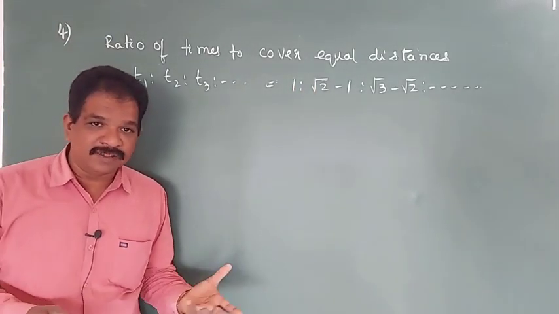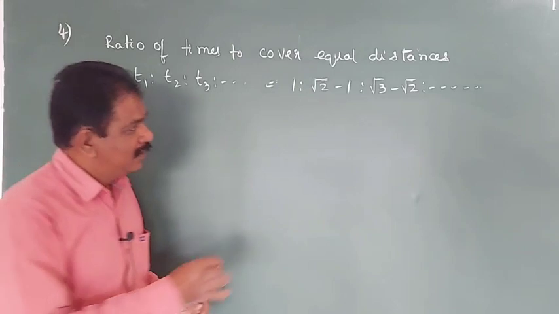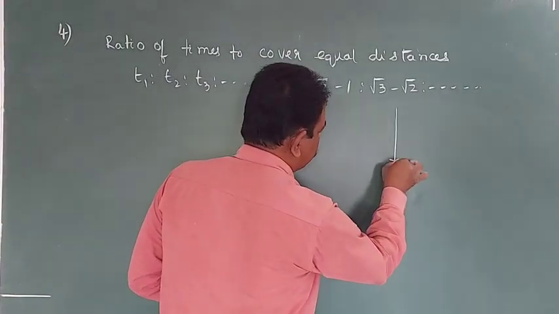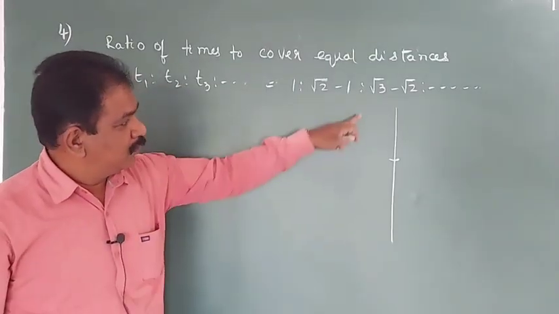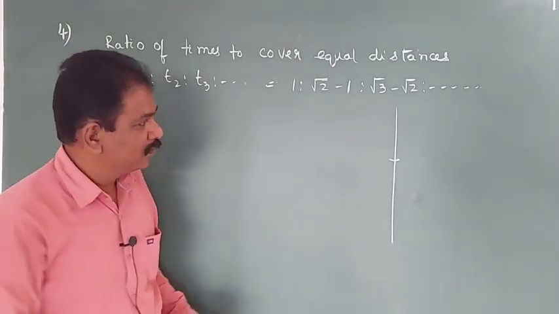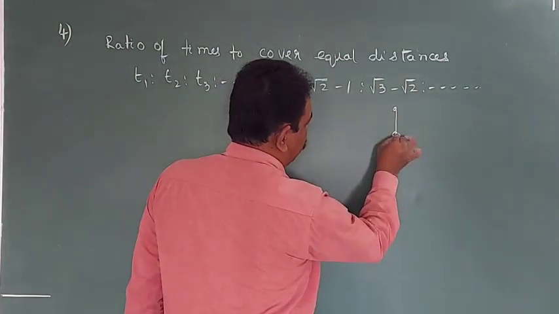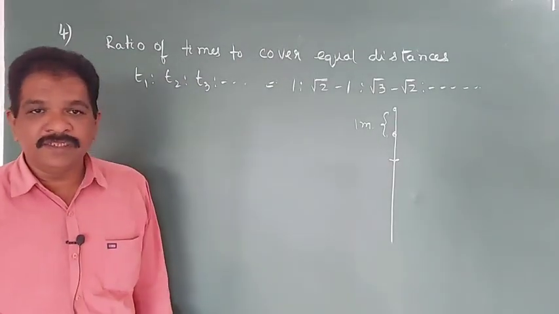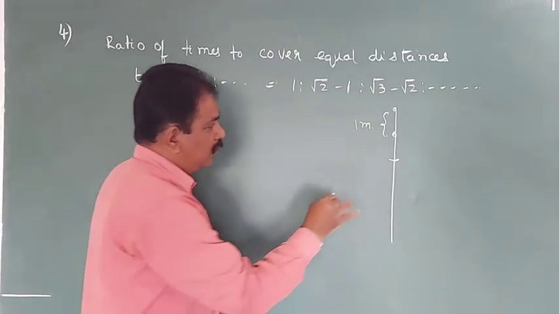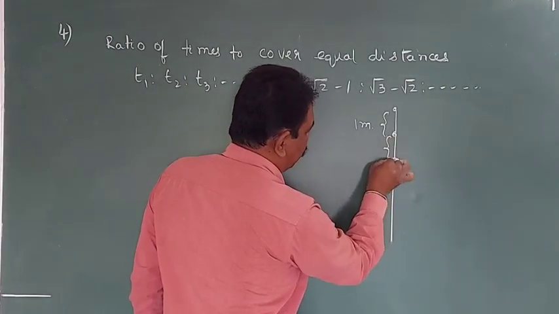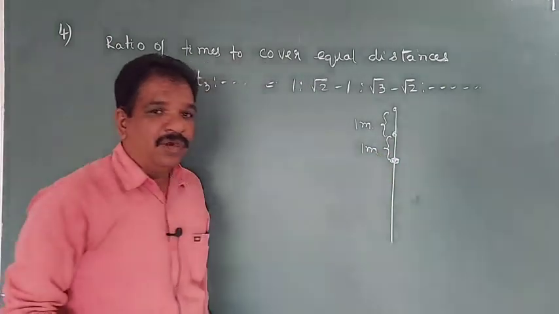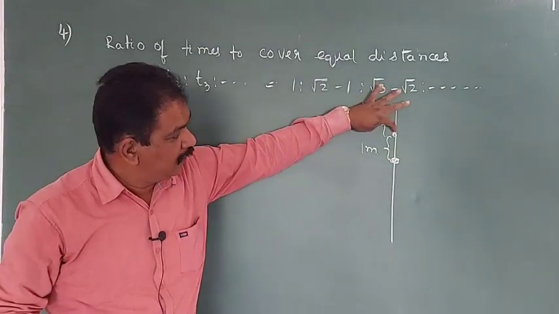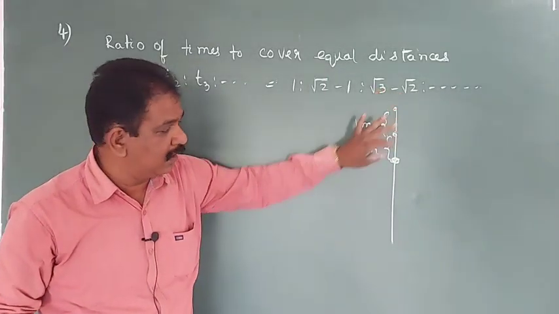What is the meaning of this one? See, this is a freely falling body, na? It is falling like this. For example, this is 5 meter. To cover the first 1 meter, some time is taken by the body. To cover the next 1 meter, definitely the body will take less time because here there is no velocity, and when it came here, velocity will be there.